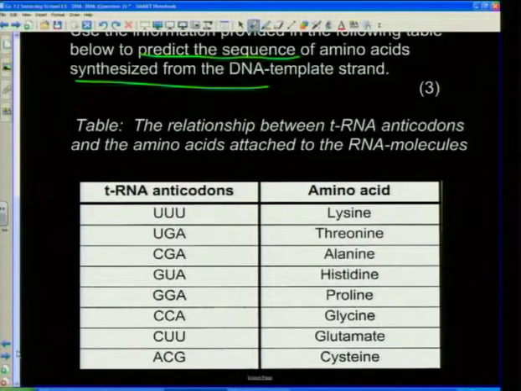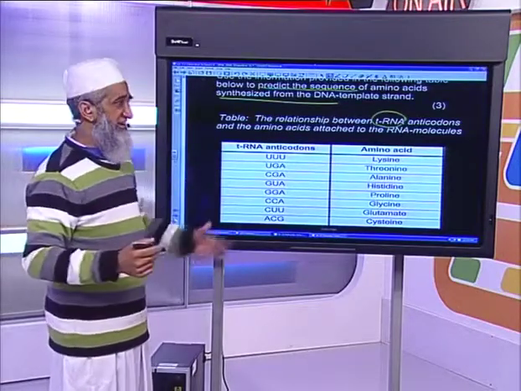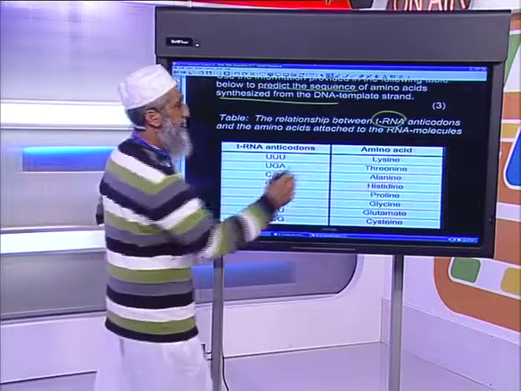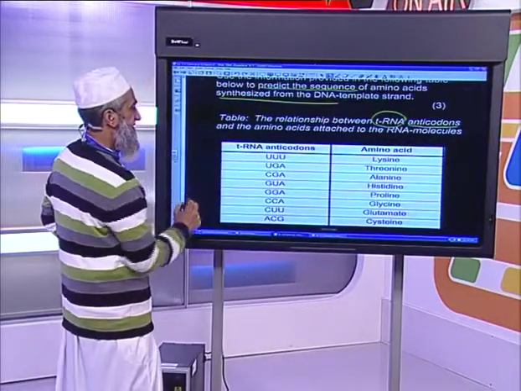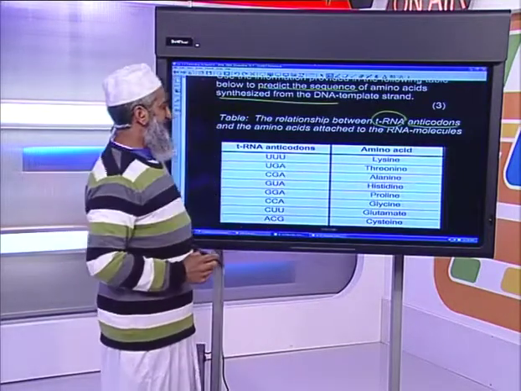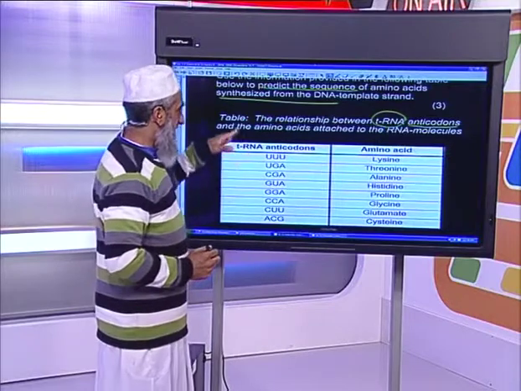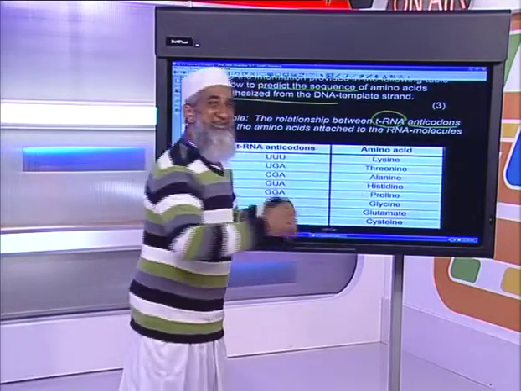It says the relationship between transfer RNA. Now they're talking about transfer RNA. We only spoke about messenger RNA. We didn't talk about transfer RNA. Now they're talking about transfer RNA, which are the anticodons. And here they're saying, these are the transfer RNA anticodons, and these are the amino acids that they carry.